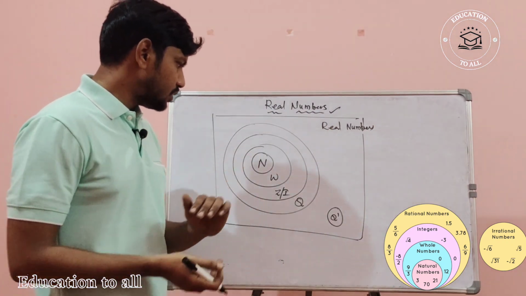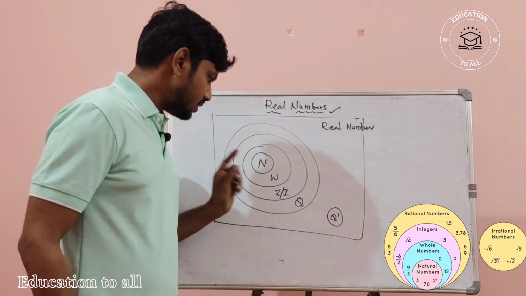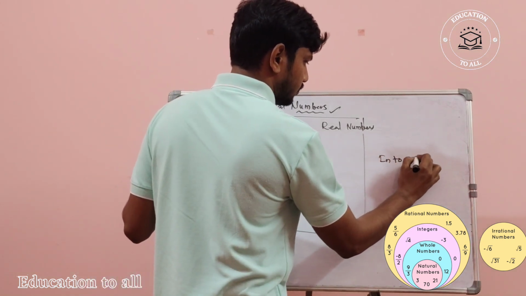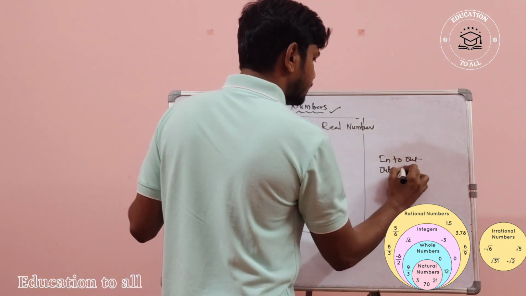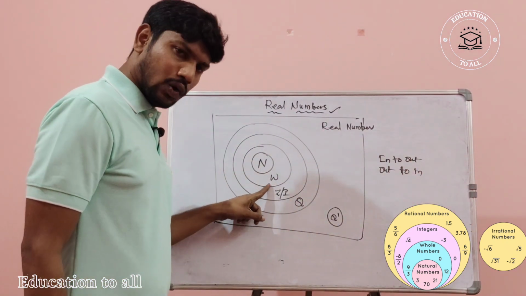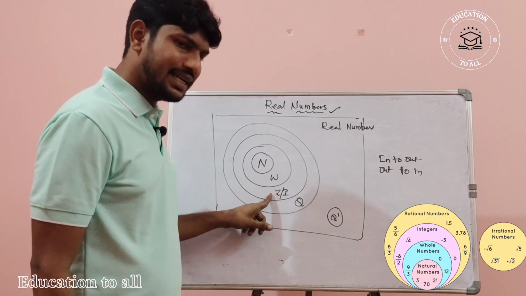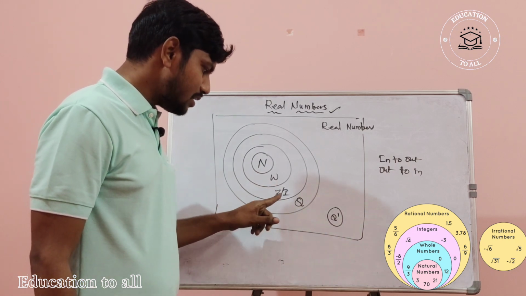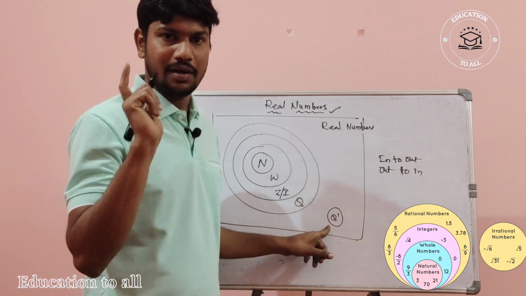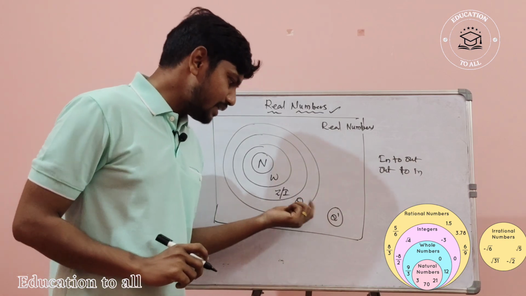One thing we should identify here: going from in to out and out to in. All natural numbers are whole numbers, all whole numbers are integers, all integers are rational, but all rationals are not irrational. It will not be. So there is no relation between irrational and rational.